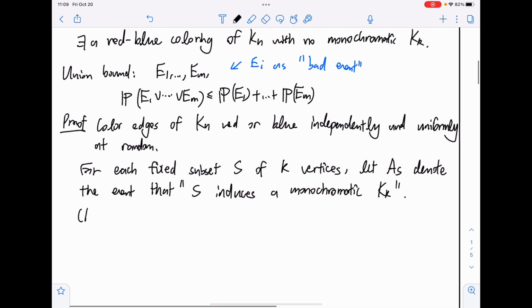It's clear that the probability of each such event is 2 to the power of 1 minus k choose 2. Why this number?